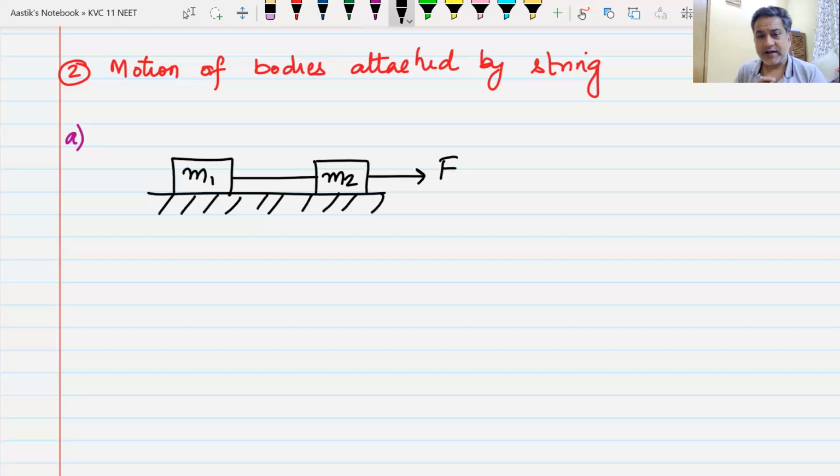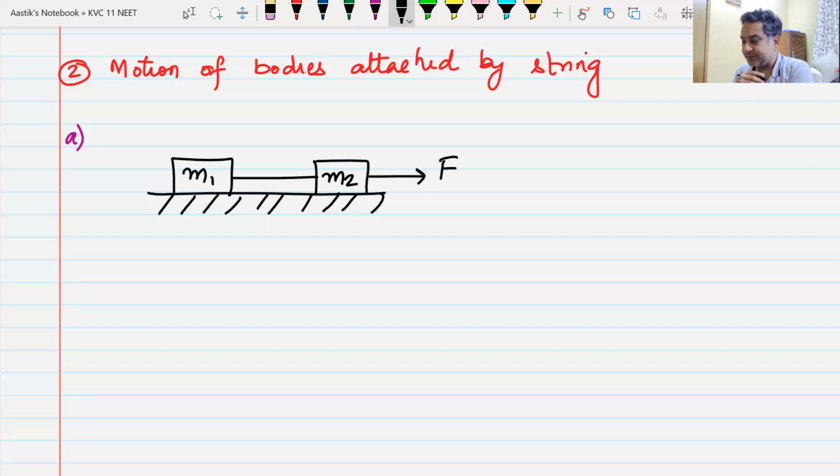What you would be asked is to find out the acceleration of these blocks, and you have to find out the tension in the string. How will you do this? The actual way of doing this is by drawing the free body diagram.